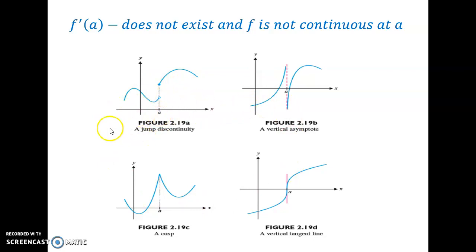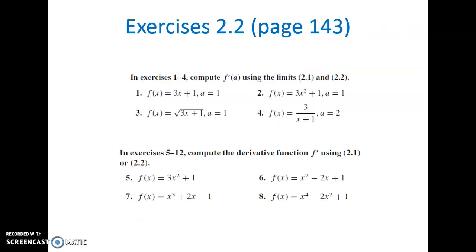These are the 4 graphs where the derivative does not exist, and the function is also not continuous at a. So these are the examples, and you are asked to find f prime a at particular values here. And here we are asked to compute the derivative of this, and again this.